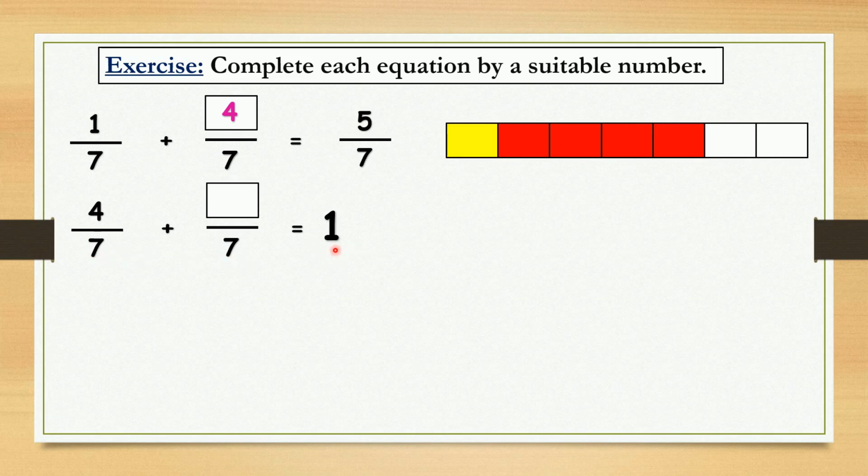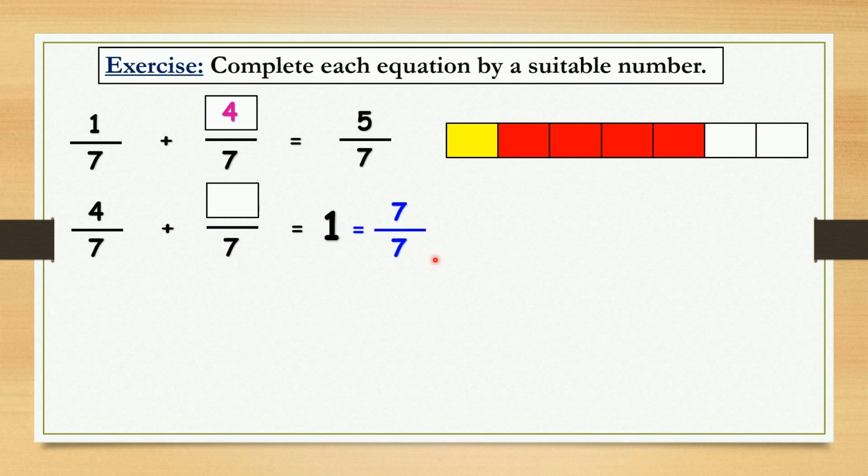So to fix this problem, I need to remember that a fraction is equal to 1 when its numerator and denominator are the same. So 1 is in fact equal to the fractions 1 over 1, 2 over 2, 3 over 3, 4 over 4, and it goes on. But here I need my denominator to be 7, so I can write 1 in the form of 7 over 7. And my problem is fixed.